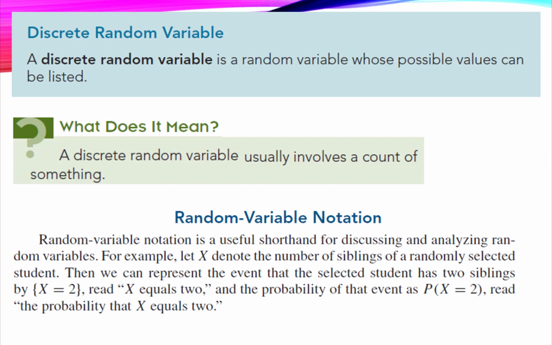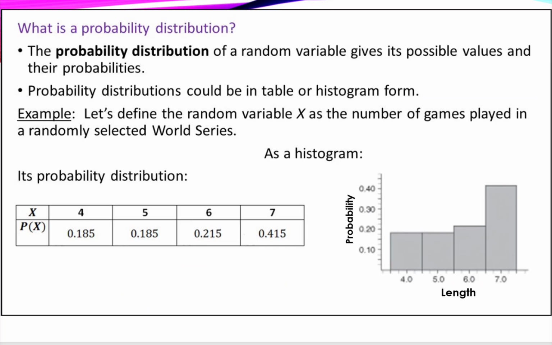The event of two siblings, X equal to 2, will be written as capital X equal to 2. The probability that the event X is equal to 2 will be P of capital X equal to 2, and it's read as the probability that capital X is equal to 2.